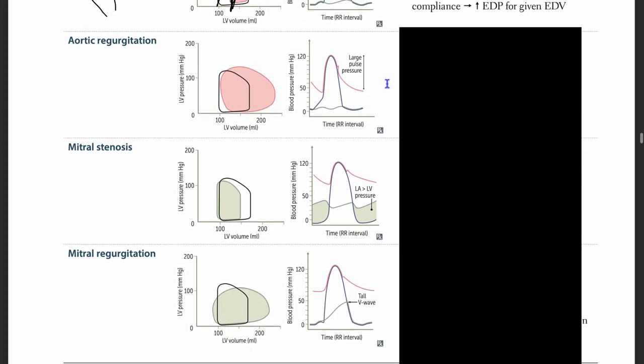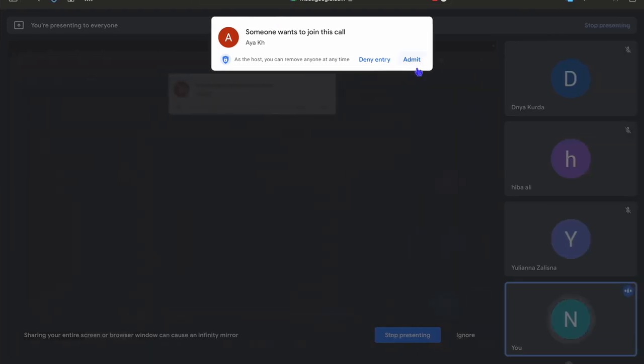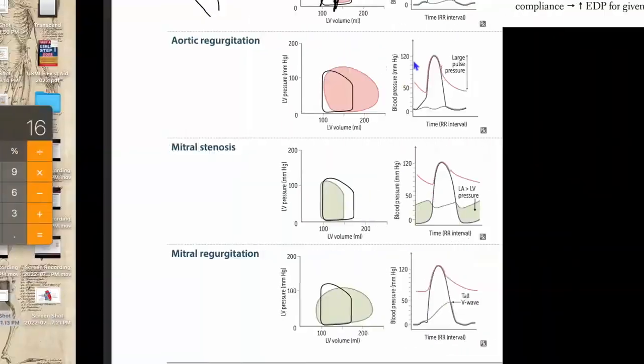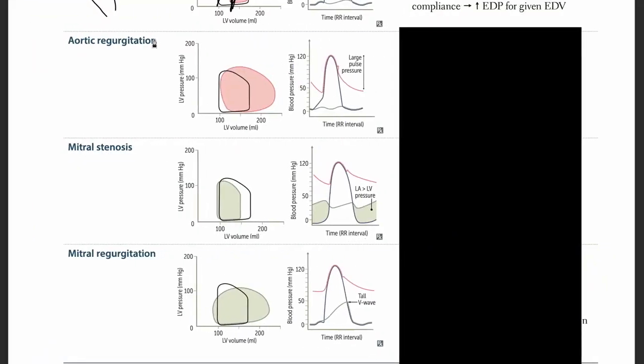We have aortic regurgitation. Now there's a backflow of fluid from the aorta into the left ventricle. So that will give you more volume in the ventricle during diastole than is normally available there, right? So that backflow is going to cause an increase in end diastolic volume.